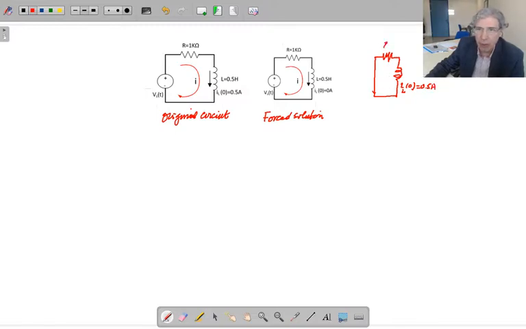And we've got a resistor here. This solution is the natural solution. In Turkish this is called öz çözüm.